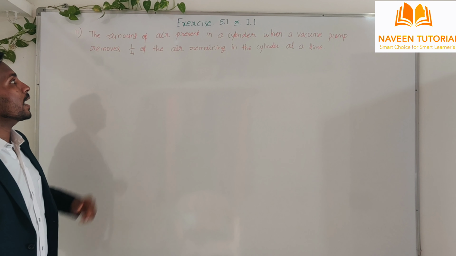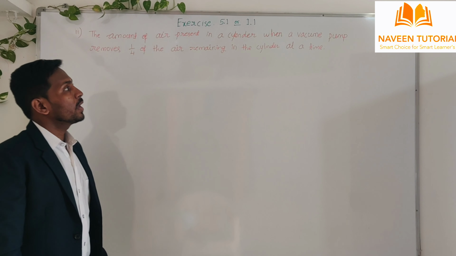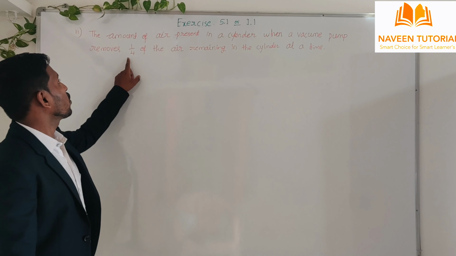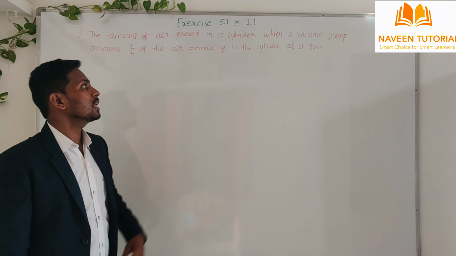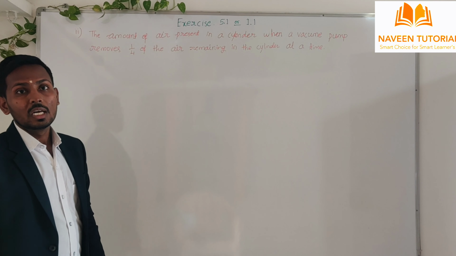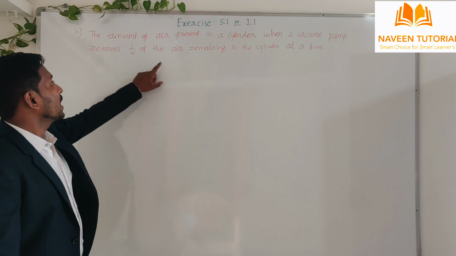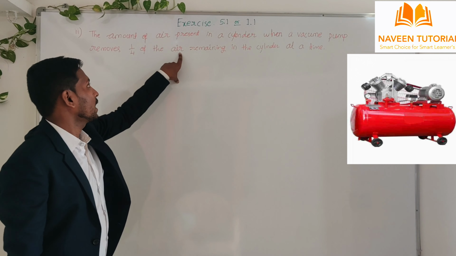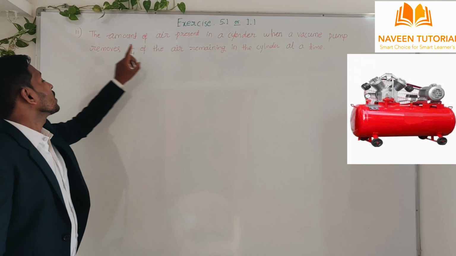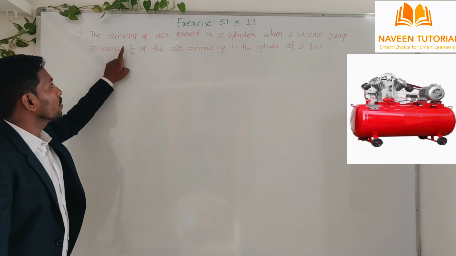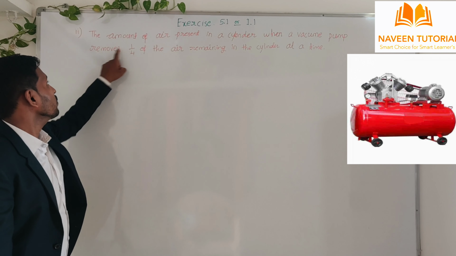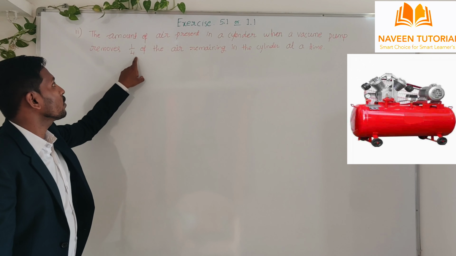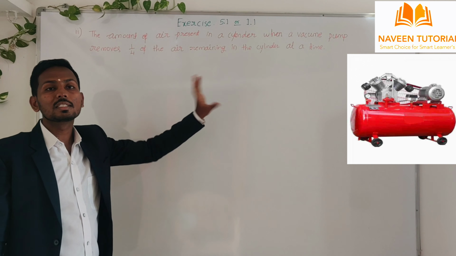Now, first main, second sub question. The amount of air present in a cylinder when a vacuum pump removes 1/4 of the air remaining in the cylinder at a time. So here the question says there is a cylinder full of air. If it is pumped one time, it will remove 1/4 of the air remaining in the cylinder.